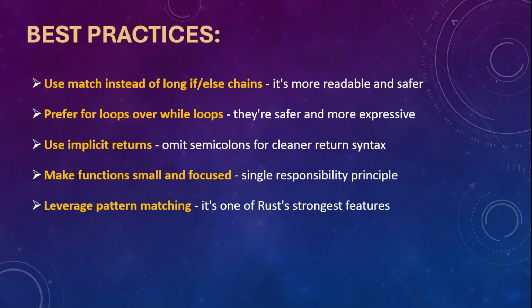This is Rust's strongest feature, and with the pattern matching, you are able to check on the multiple patterns or the conditions onto which you are able to resolve a particular expression.